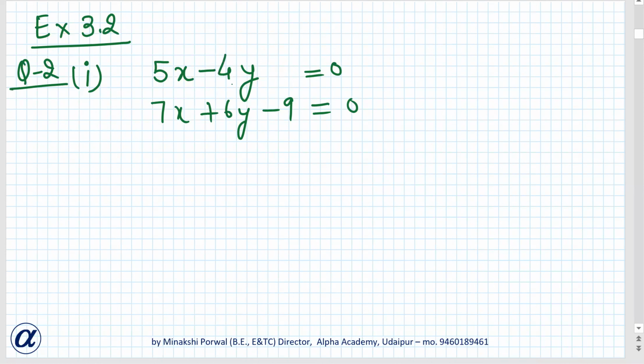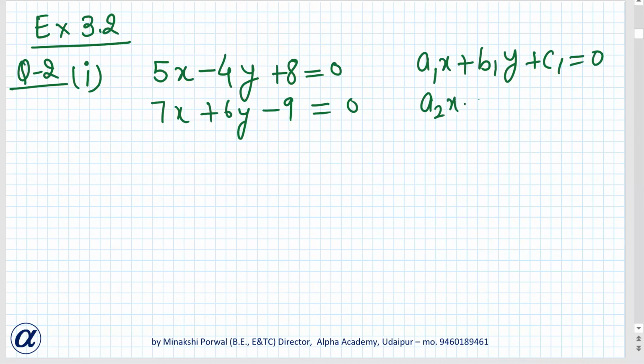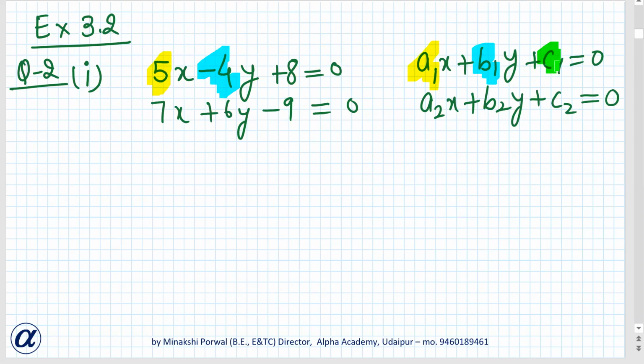First, in the standard form of the equation we wrote, a1x plus b1y plus c1 equals 0, a2x plus b2y plus c2 equals 0, we will compare the coefficients. So I can write a1 equals 5, b1 equals -4 and c1 equals 8.